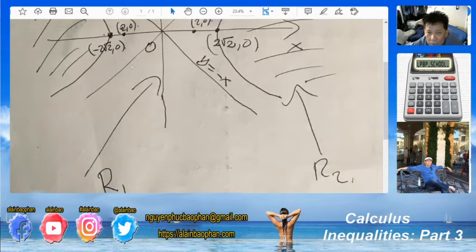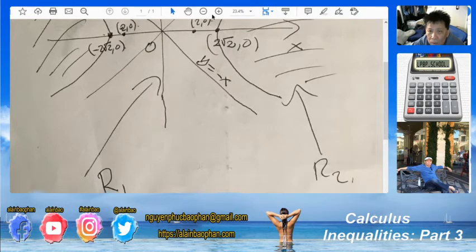So we need to test x squared minus y squared, which one is greater than 4, and which one is less than 4. In the 3 different regions, you just need to pick any point and test that point with the given condition of the problem.